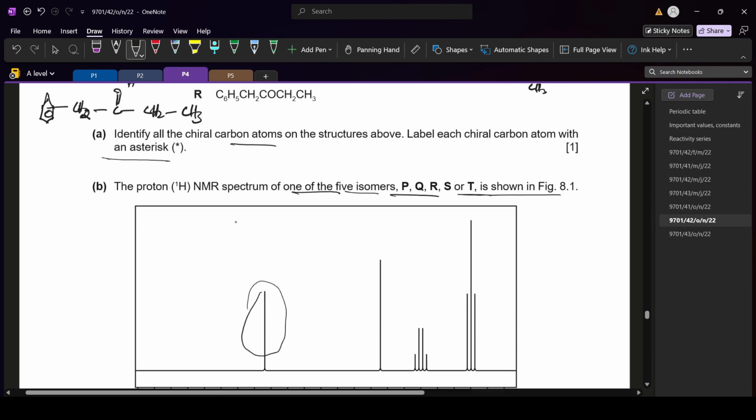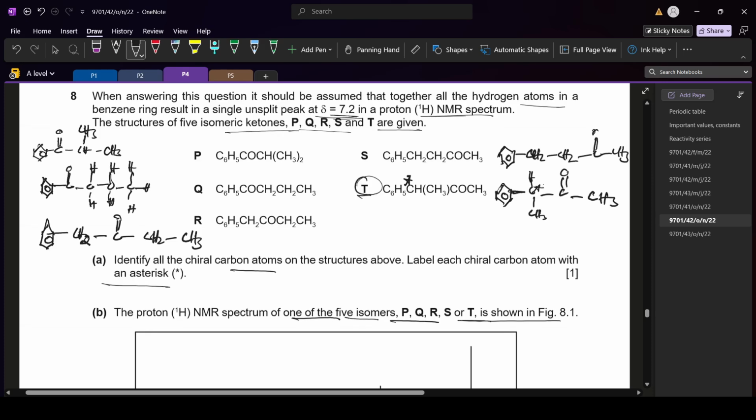In P, if you see this carbon, the carbon attached to this hydrogen has 6 hydrogens on the remaining carbons.